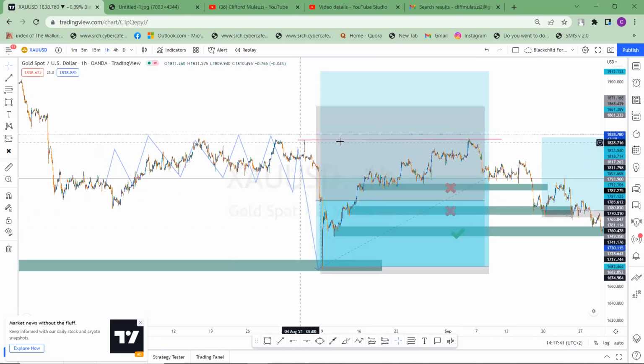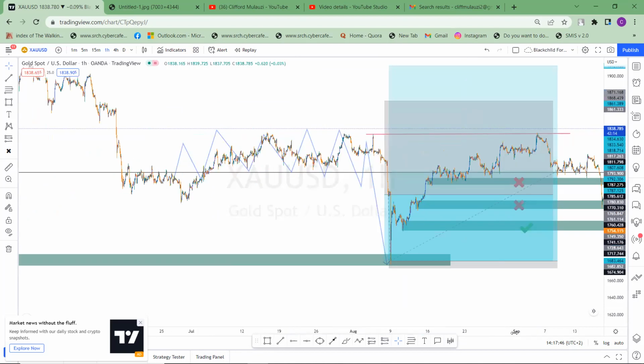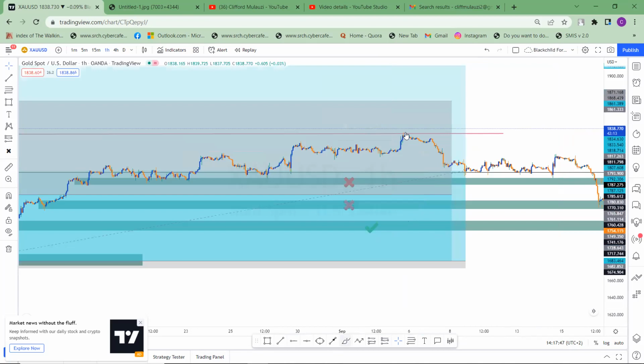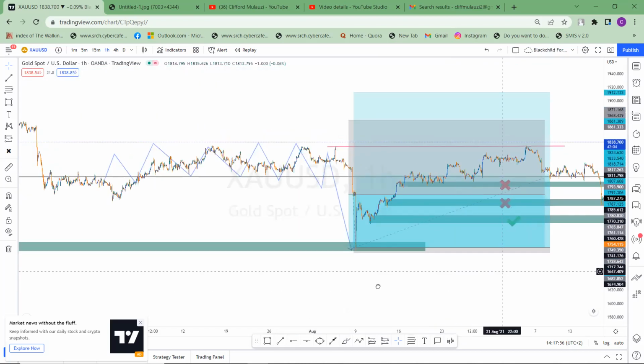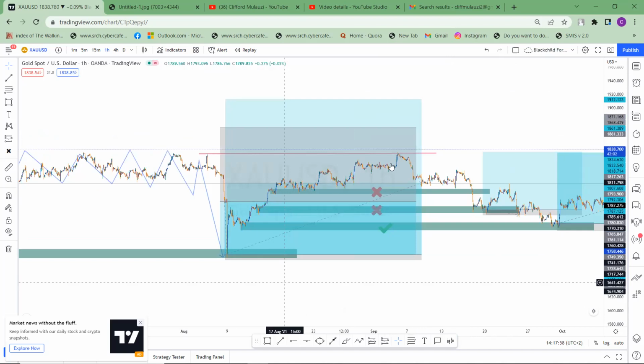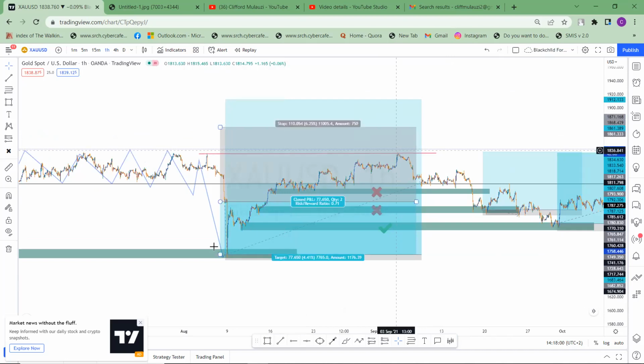They want to take out these people who thought it's a sell. So you can see here, price has broken this structure here, right? They just want to take out the people that sold. The reason is they want to be alone in the market. They want to be the big banks, the big boys in the market. So because now they've taken everyone out, they've taken the buyers out, they've taken the sellers out.